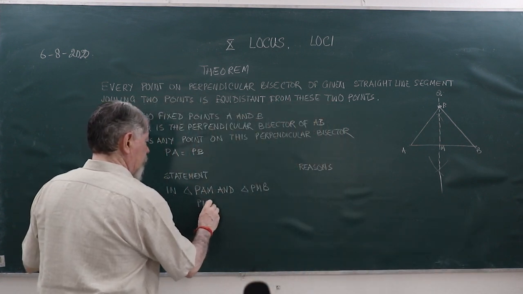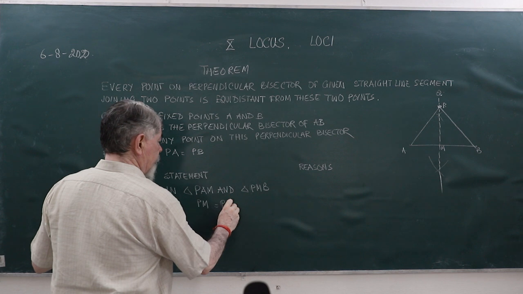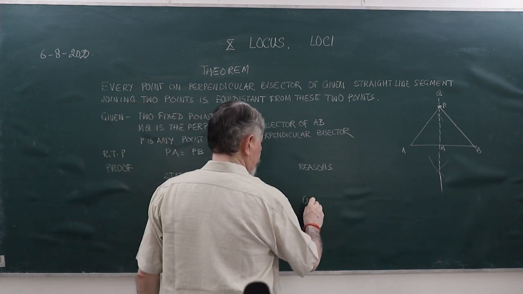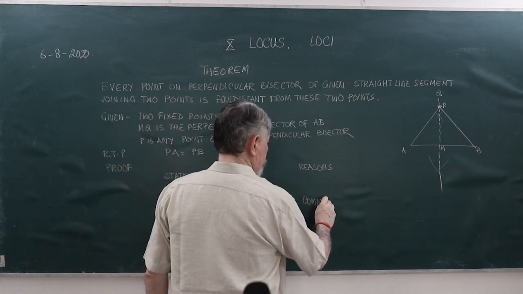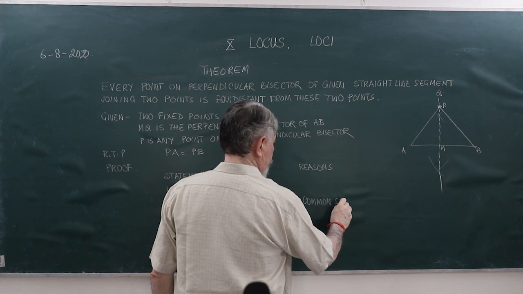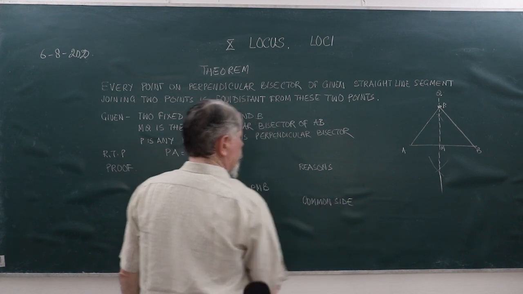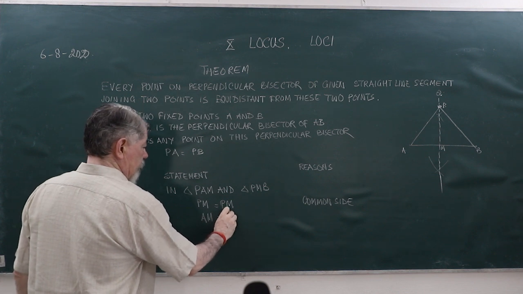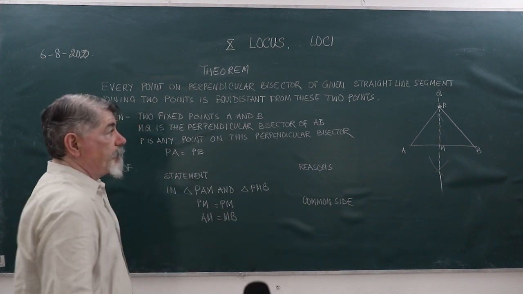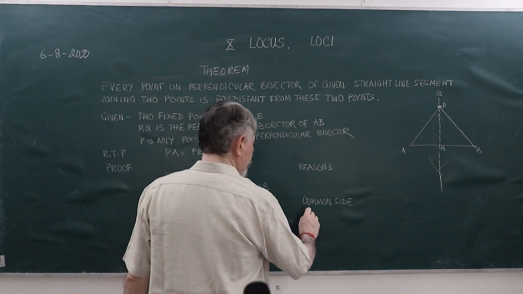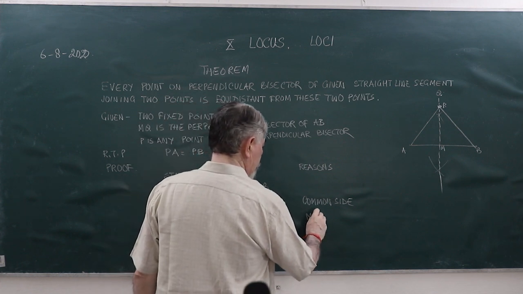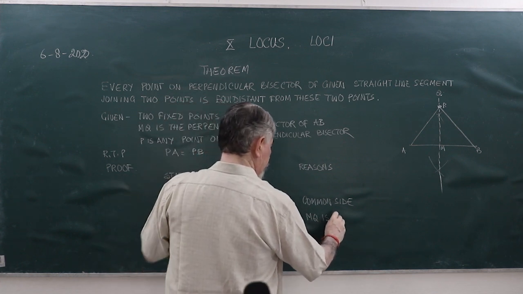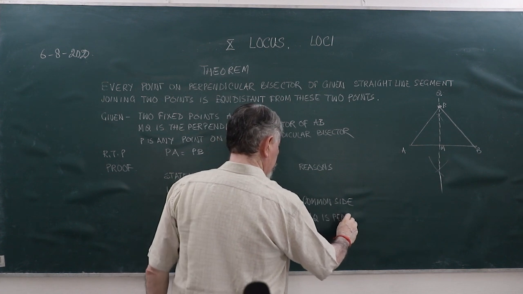Then we will say AM is equal to MB, because MQ is the perpendicular bisector.